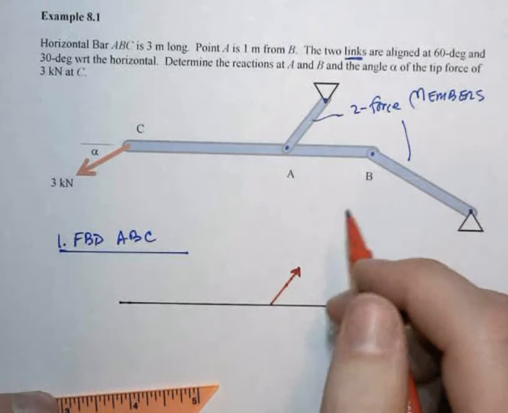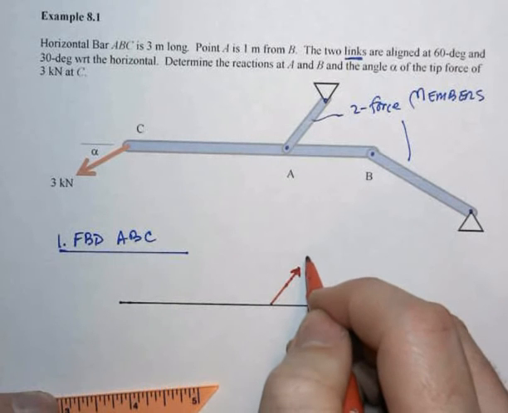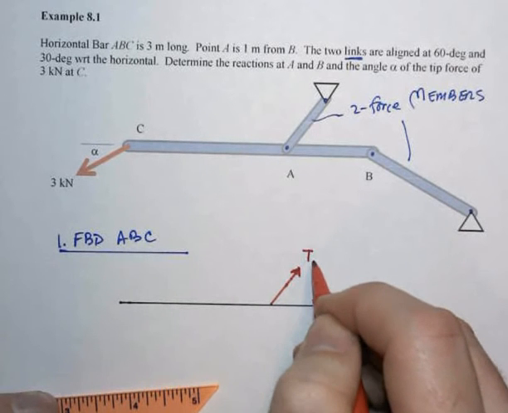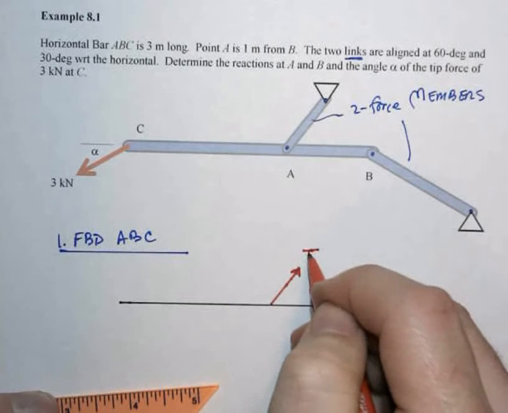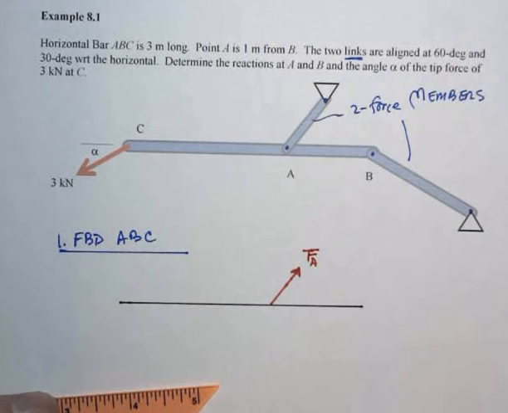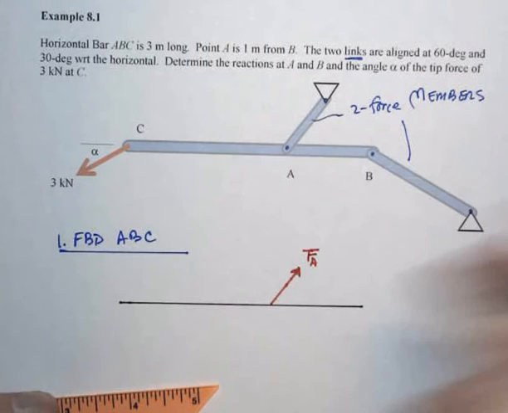It could go into compression, but I'm going to presume that it's shown in tension, and that would be the tension for the member at A. I could end up being wrong, so I'm going to turn that T into an F, call it F sub A. It's at an angle of 60 degrees with respect to the horizontal.